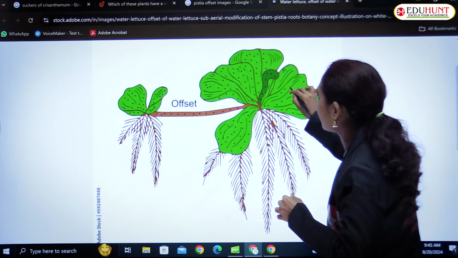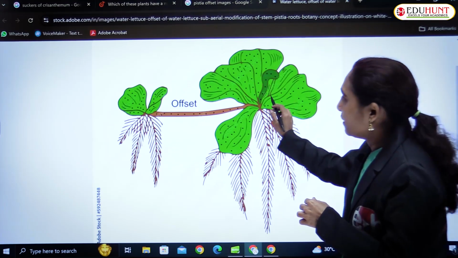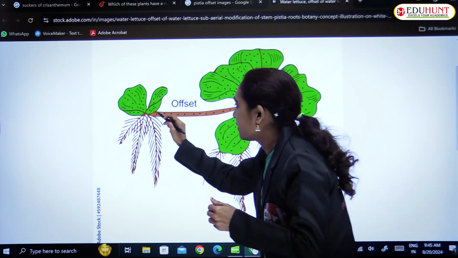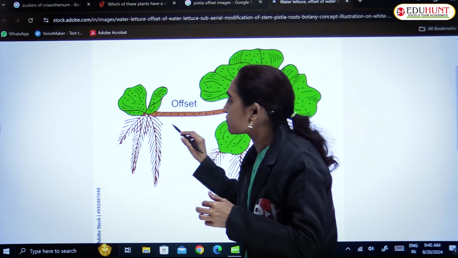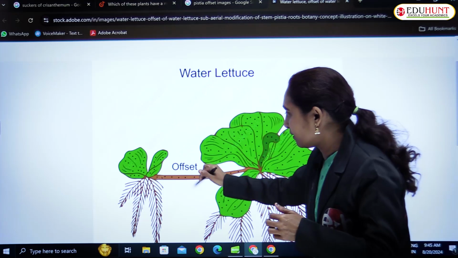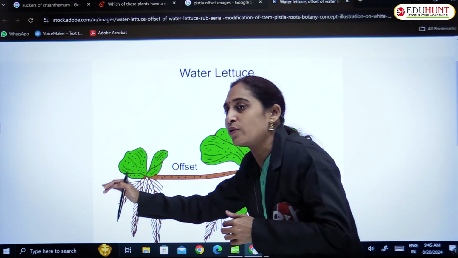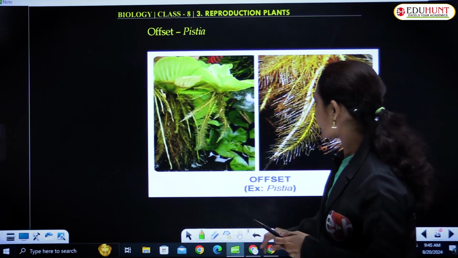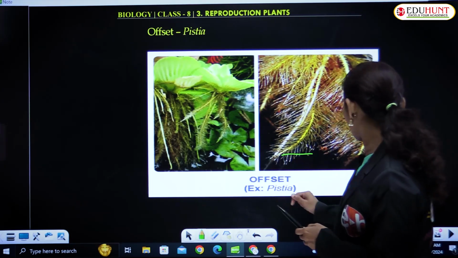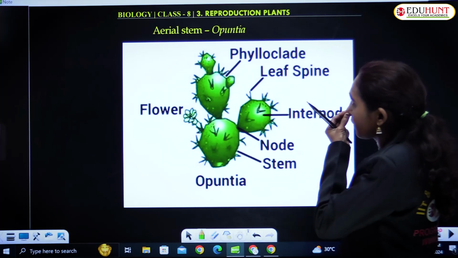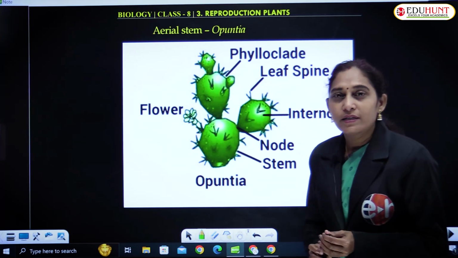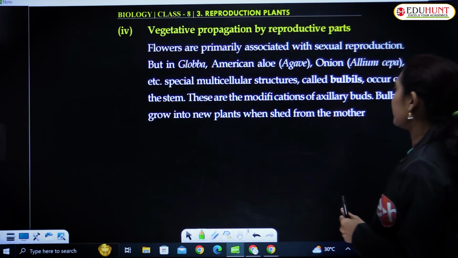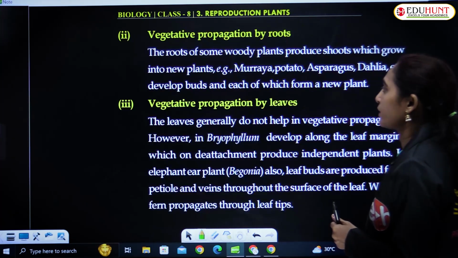Since there is a leaf, there will be an axillary bud, and from the axillary bud it gives out like this. This is called offset. If we separate this, if we cut this part, it acts as a new individual, a separate individual. I hope you understood. So this is about Pistia and aerial stem. In the next session we will see aerial stem and other means of vegetative propagation.